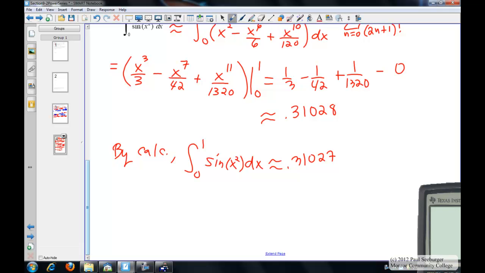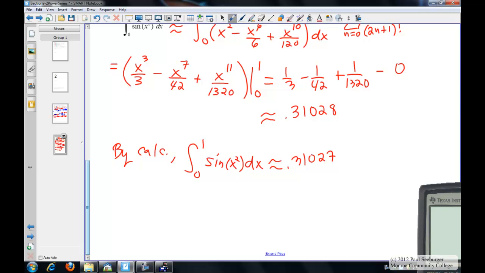And you can do this check on your calculator. But you can see here, at least with 3 terms, we can see they're slightly different. If we took 4 terms, you would not see this difference in 5 decimal places. It's going to be farther out. So we see that we didn't do too bad with 3 terms this time at approximating this definite integral.